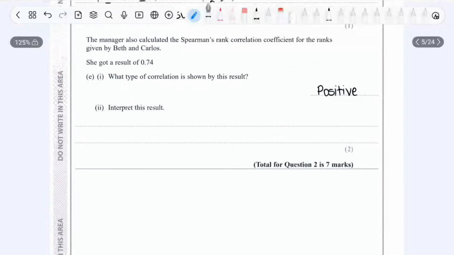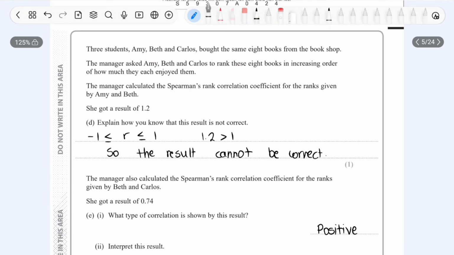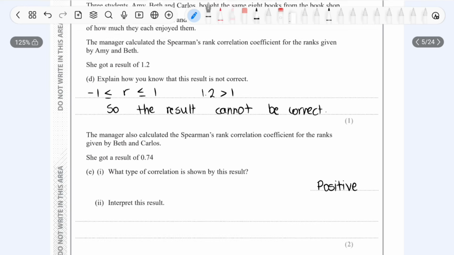Interpret this result. Well, a positive correlation can be kind of seen like this, and it basically suggests that as the rank of one goes up, the rank of the other goes up. So they basically have similar ranks, and they're ranking books here, if I'm not wrong, and they're ranking their books in increasing order.